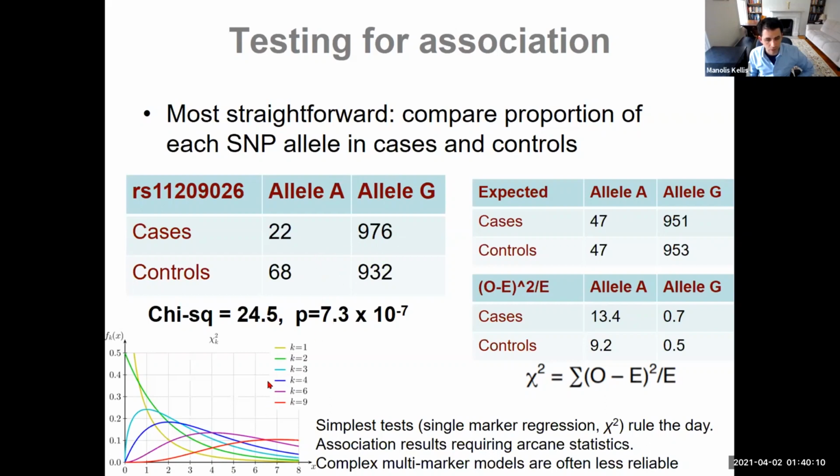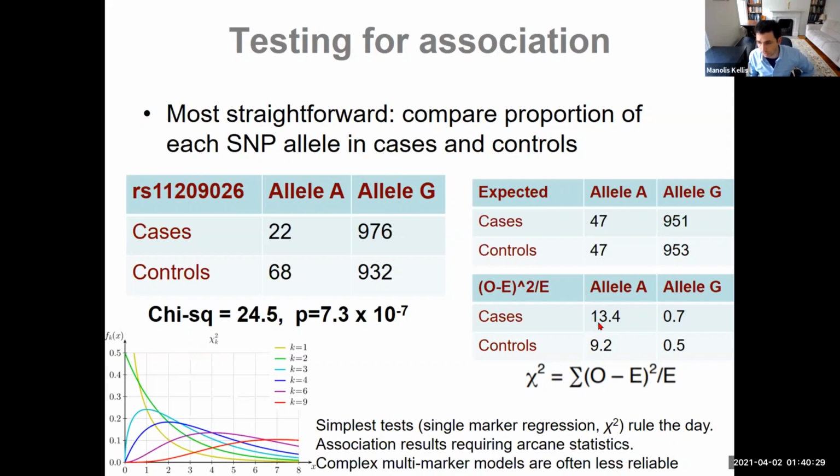Well, I can basically look at a chi-square statistic that is telling me, given the 2 degrees of freedom that I have in this table, I can look at a chi-square distribution with 2 degrees of freedom that allows me to read off the p-value of that event.